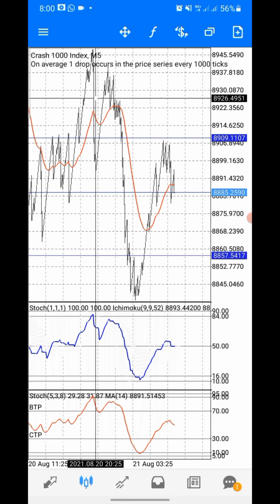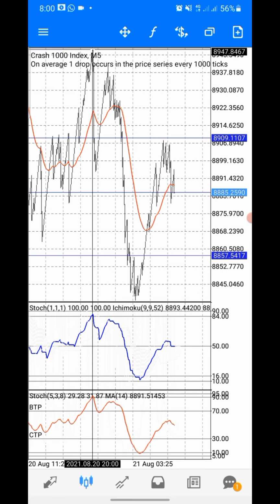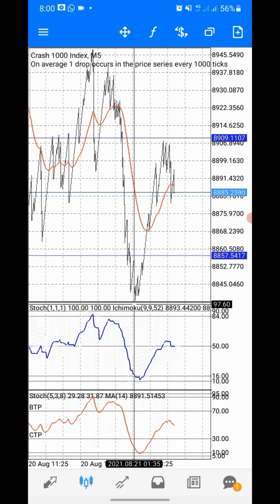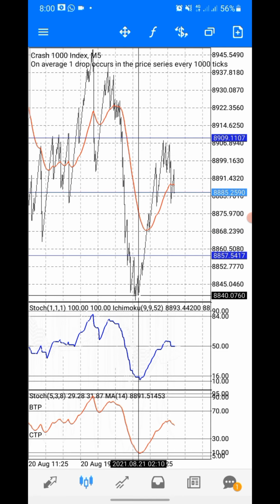And here the condition was actually met, and if we had sold the market here, notice what happened. The market came all the way down to this level. So it would have really been a profitable trade if we did take the position.